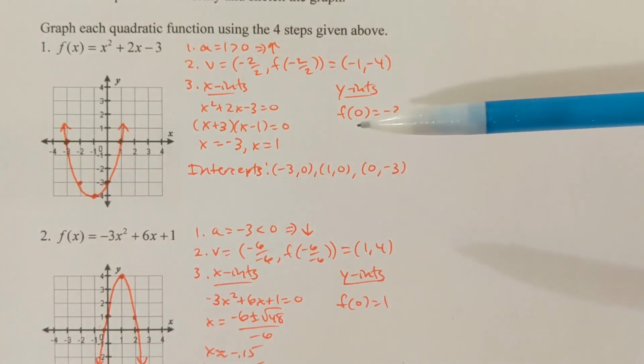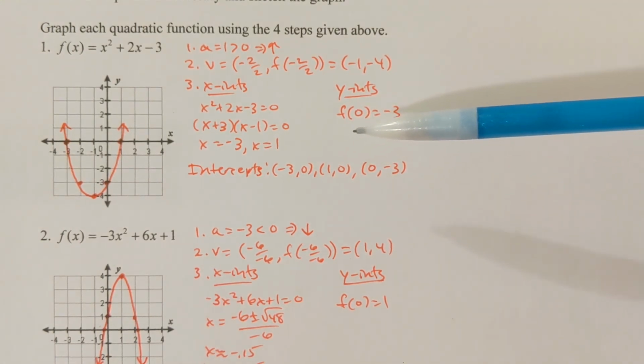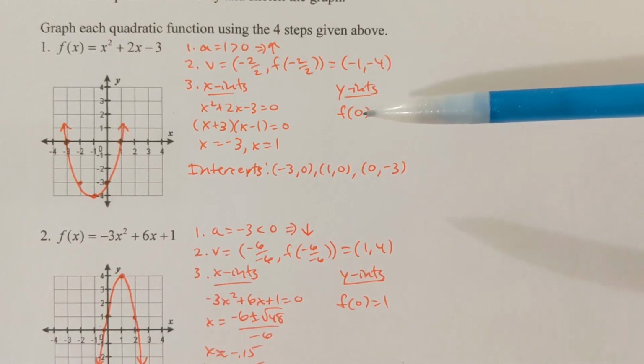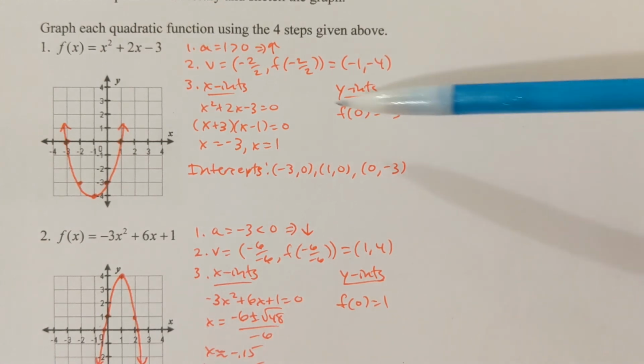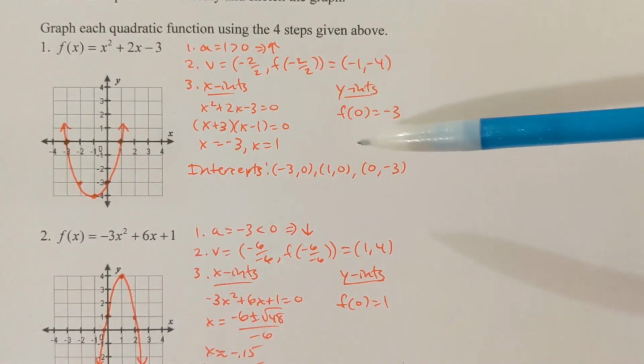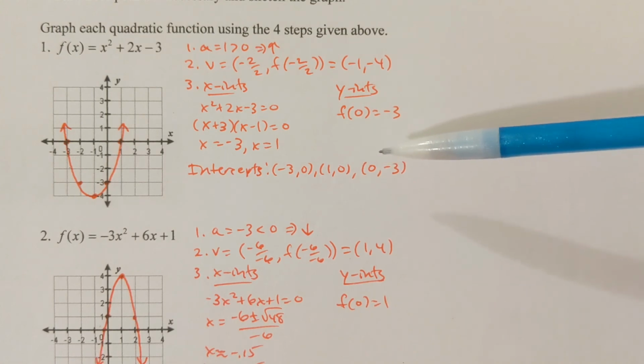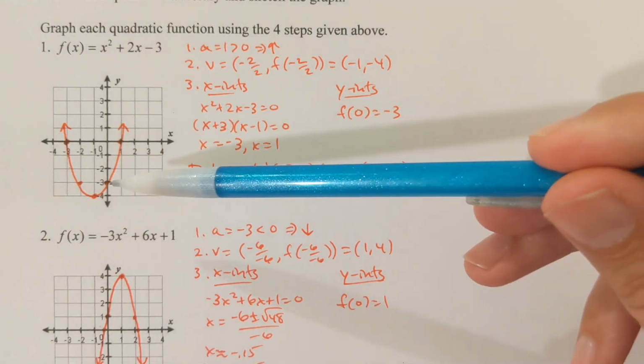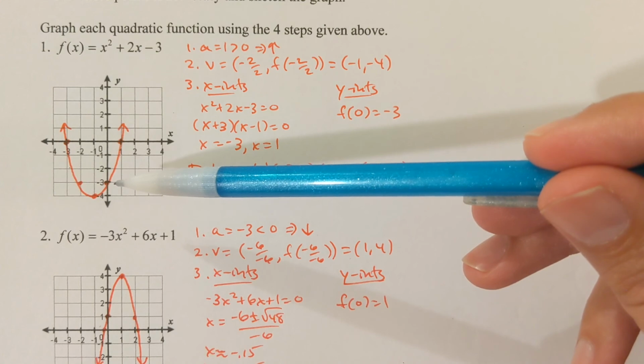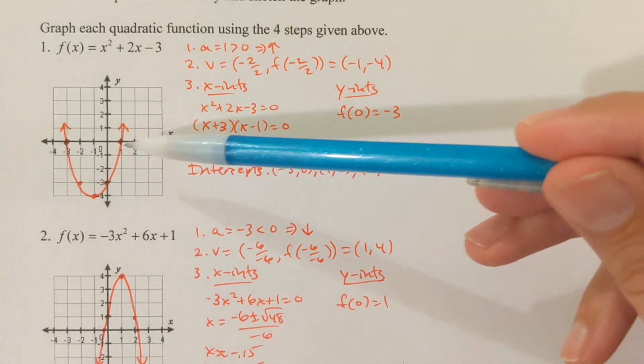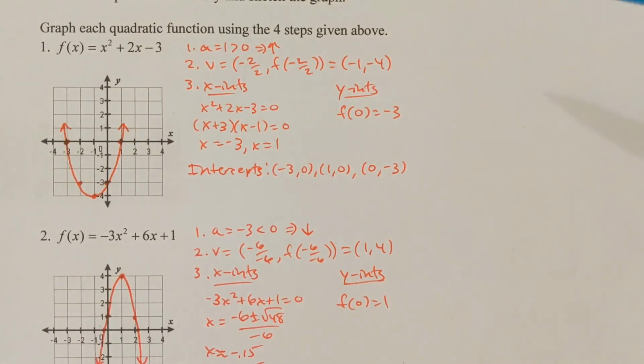To find the y-intercept, I find f(0), which is negative 3. Okay, so at (0, -3) is the y-intercept. And I've got the two x-intercepts plotted there as well.